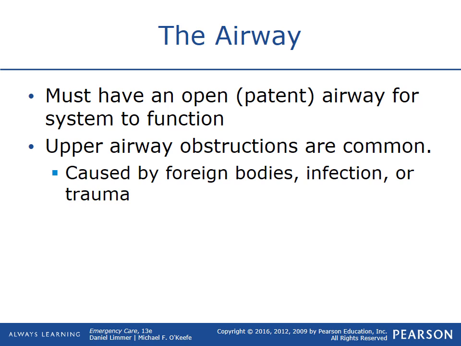If they're swelling shut, that means they don't have that capability to let the air pass efficiently. If you have a blockage, somebody choking on something or their tongue falling back, they won't have that tube open for air to get down to the lungs.